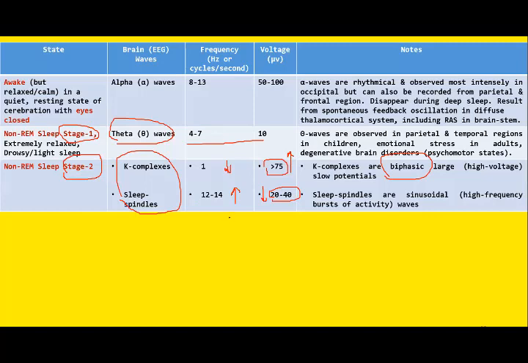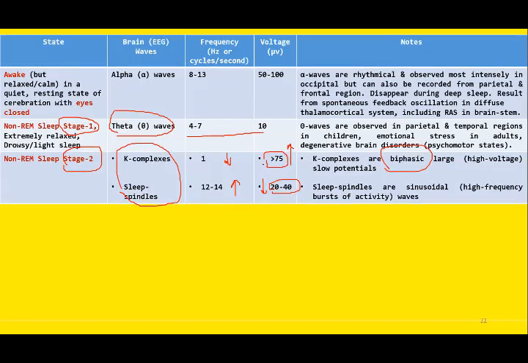Sleep spindles are high frequency, low voltage bursts of electrical activity. And this is usually followed by a low frequency, high voltage biphasic curve. Remember, the voltage is almost close to 100 microvolts. So the K complex is of larger amplitude.